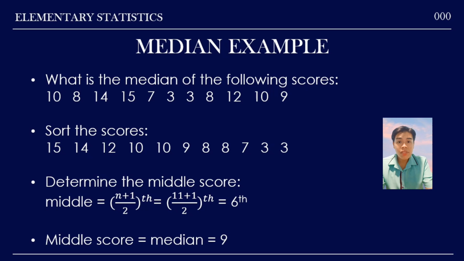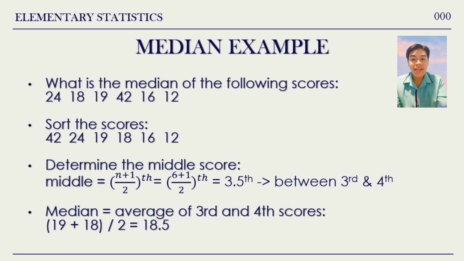The middle score is equal to the quantity of n plus 1 all over 2. That is 11 plus 1 over 2. 12 divided by 2 is equal to 6. Therefore, our middle score is the 6th in our data. So we have to count the 6th score from 15. And that is our median, which is equal to 9.